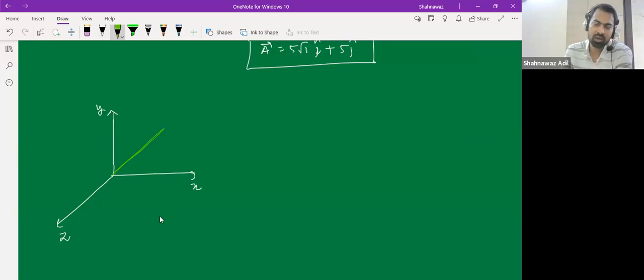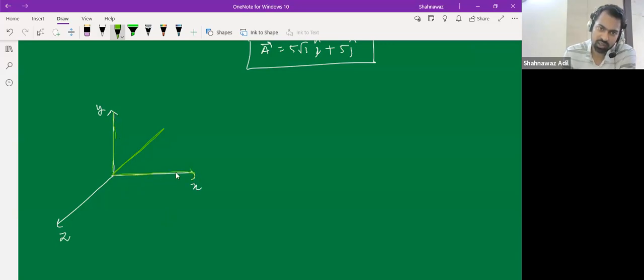Just remember that this vector is not in the plane. Try to imagine that these are the 3 edges. You are in a room, standing at the corner.